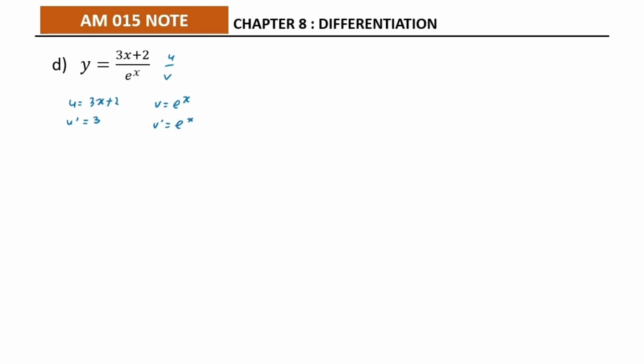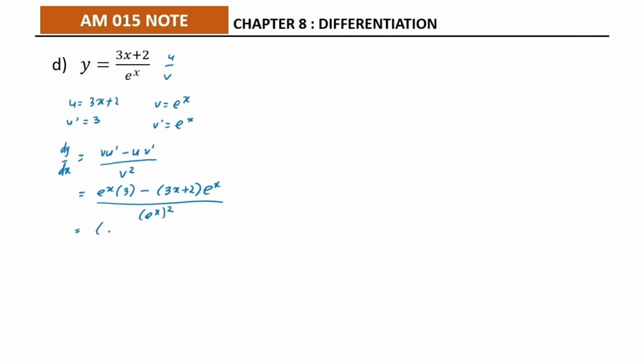Then differentiate using the quotient rule, differentiate y, we have dy/dx equals v u prime minus u v prime over v squared. So v is e power of x, u prime equals 3, minus u, 3x plus 2, v prime is e power of x, divided by v squared, (e^x) squared.